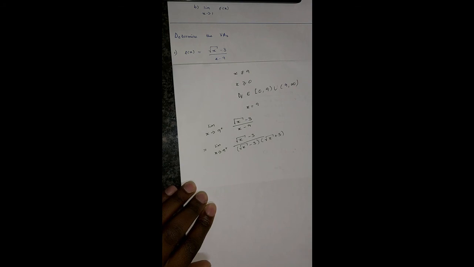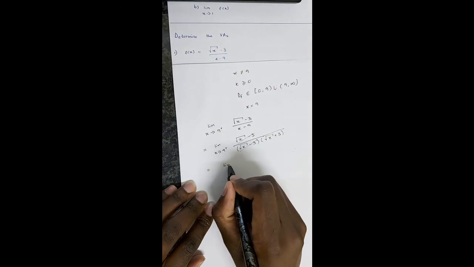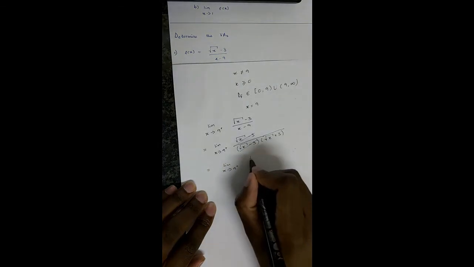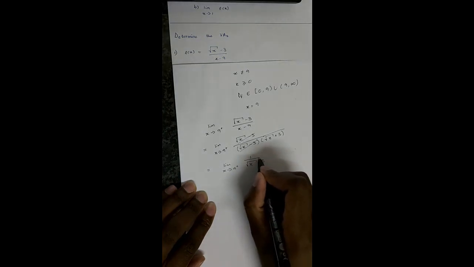It's a difference of two squares. Then we can see that those can cancel out, such that we'll have the limit as x approaches 9 from the positive of 1 over root of x plus 3.